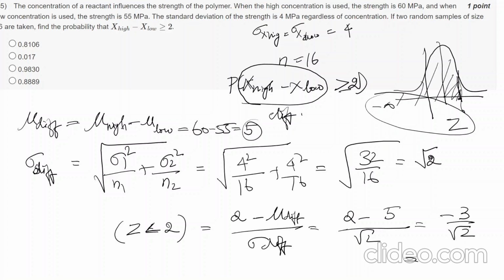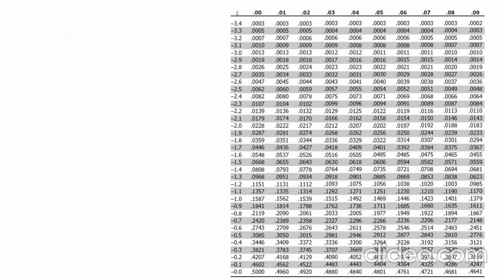This is nothing but almost minus 2.12. So now we have got this z value equal to minus 2.12.